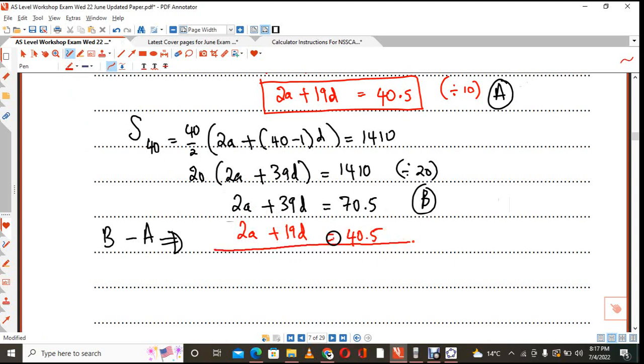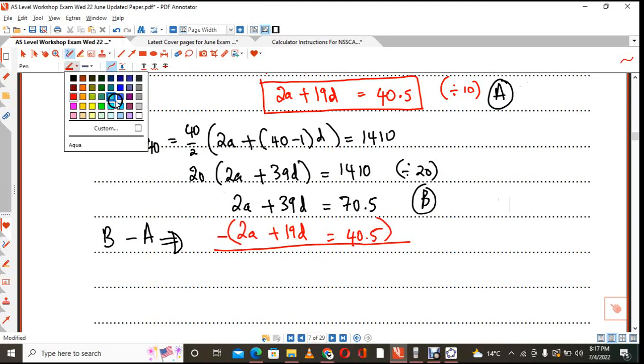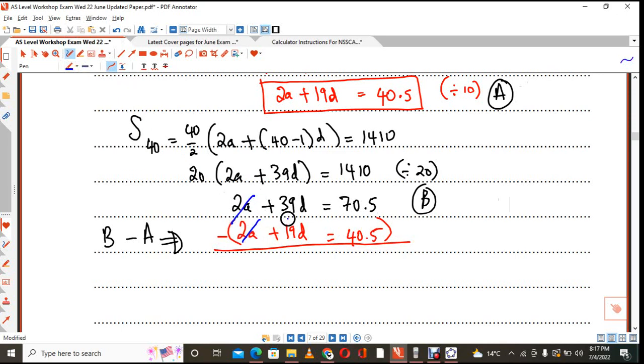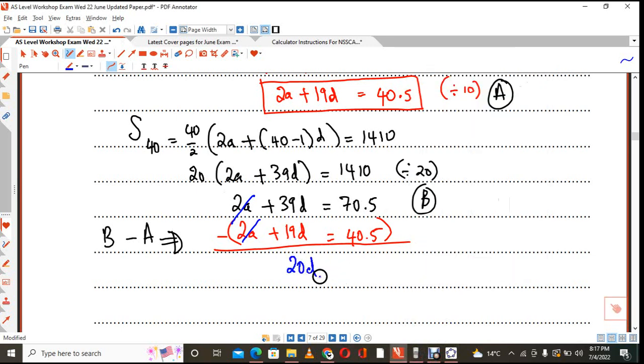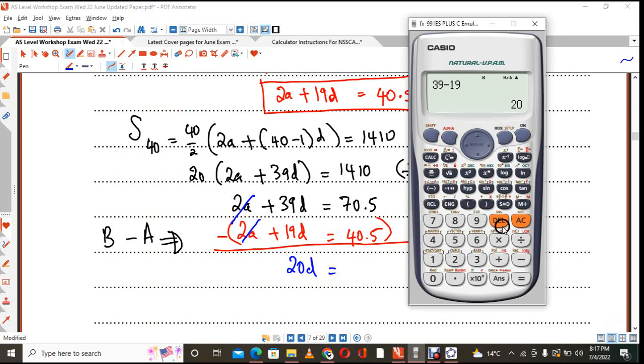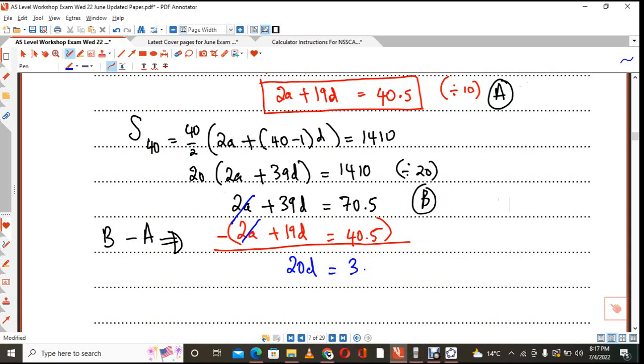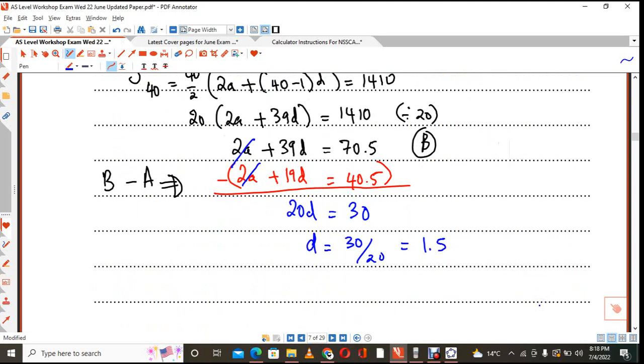So we're going to subtract, right? I believe that you know how to solve simultaneous equations, okay? That is 20d, and then the next one is 70.5 minus 40.5, so it's 30. So this answer here is 30, and d would be 30 divided by 20, which is 1.5.